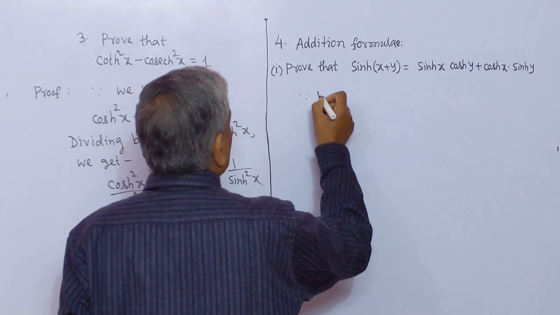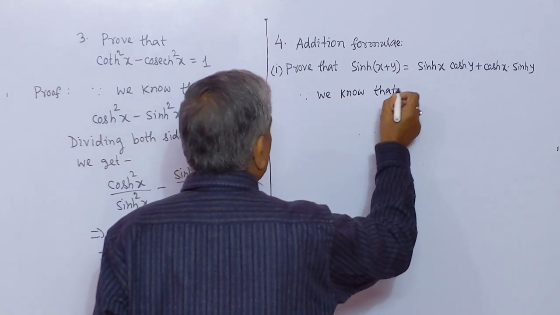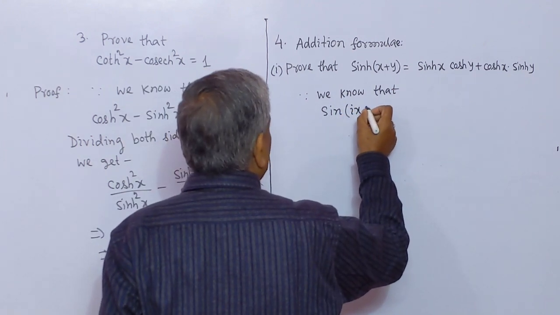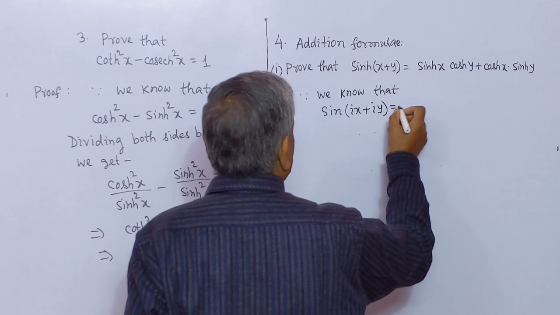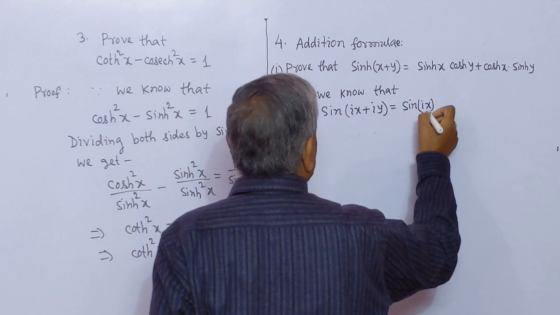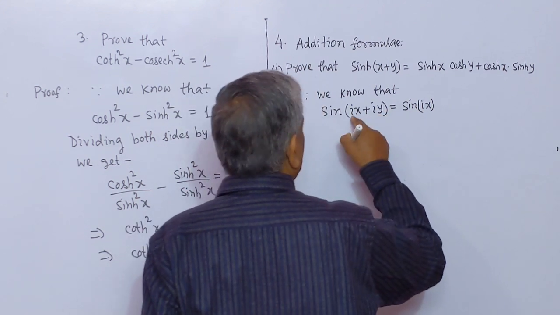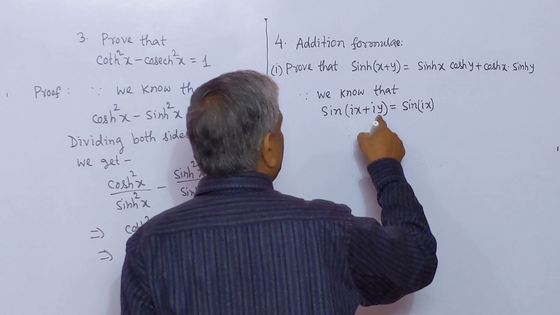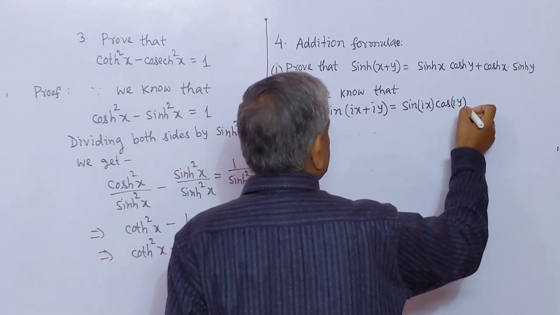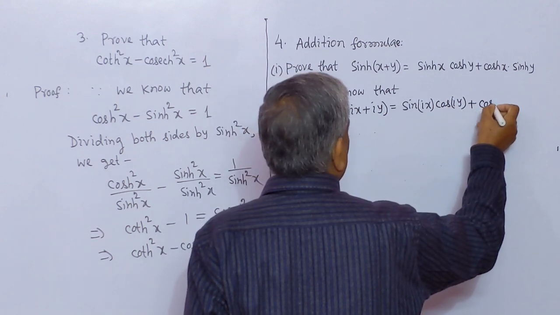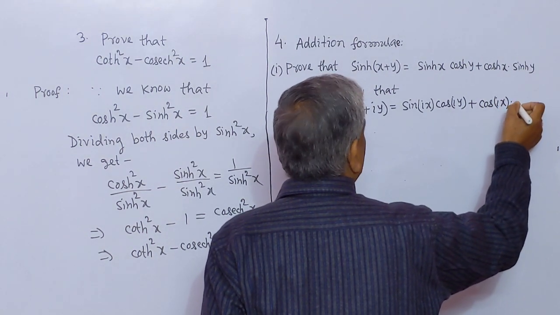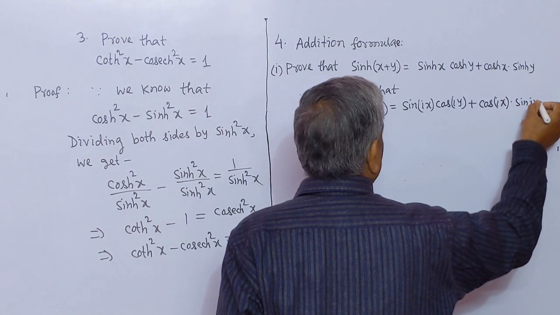Since we know that sin of ix plus iy equal to sin a cos b plus cos a sin b, here a is ix and b is iy, sin ix cos iy plus cos ix sin iy.